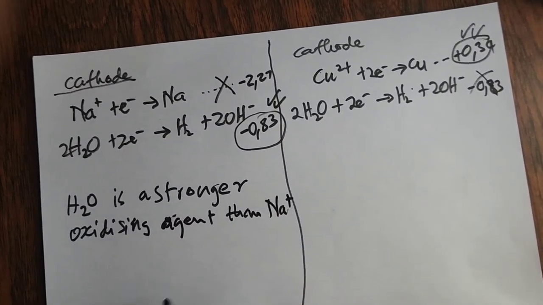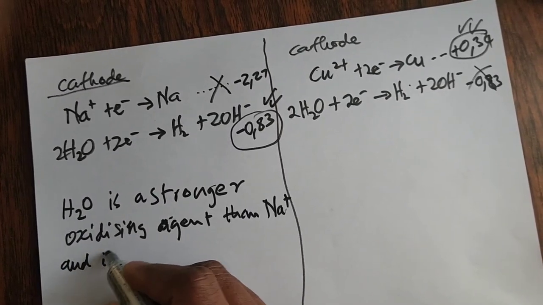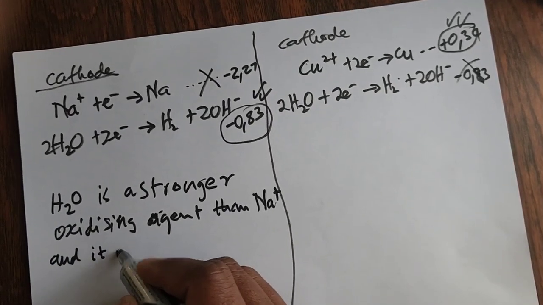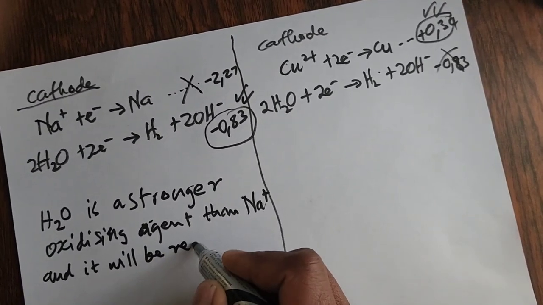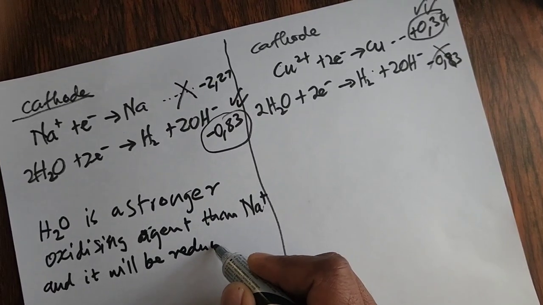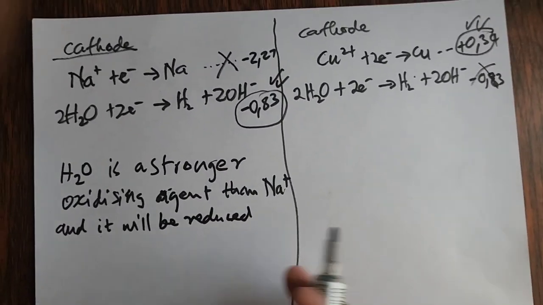You get 2 marks for saying this, and therefore it will be reduced if you want to continue to form hydrogen gas.